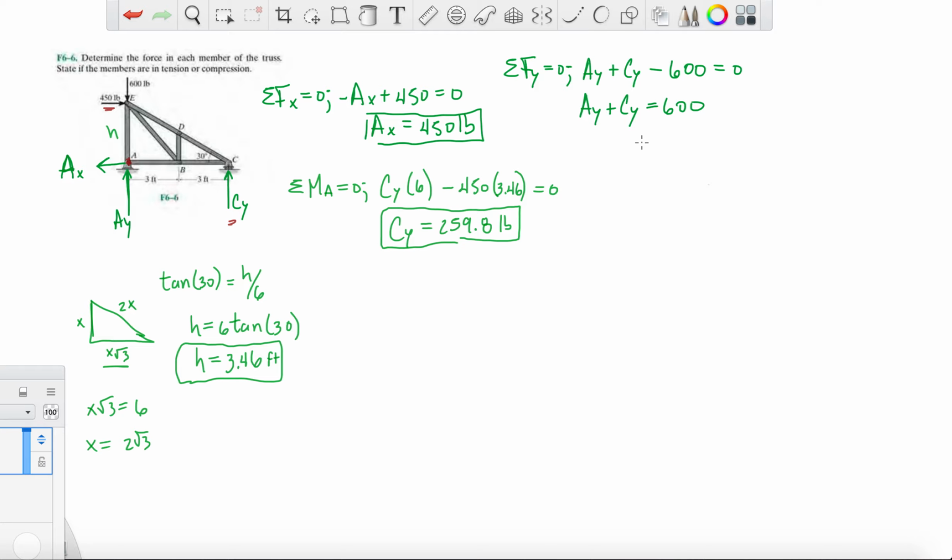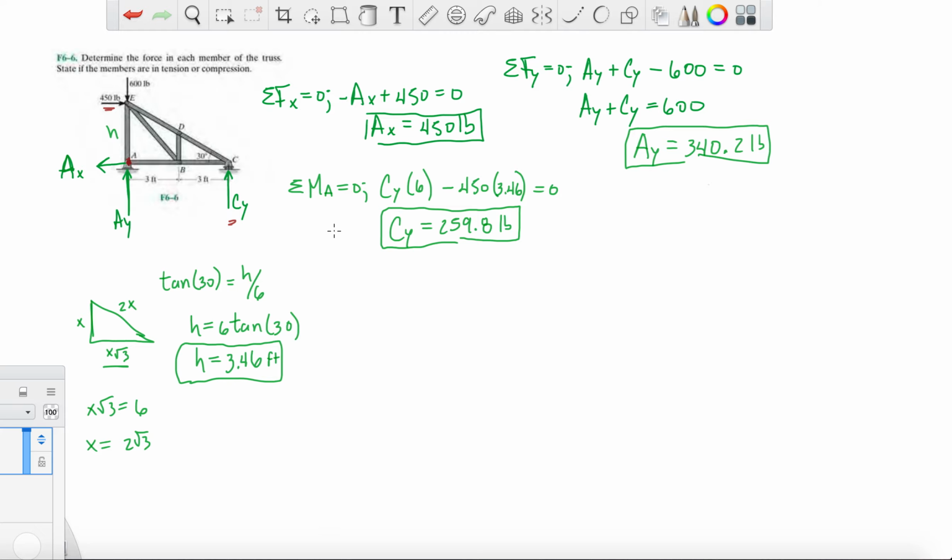Plugging it back up here, you get Ay equals 600 minus 259.8, and that gives us 340.2 pounds. Cool, so now we've got the reactions.